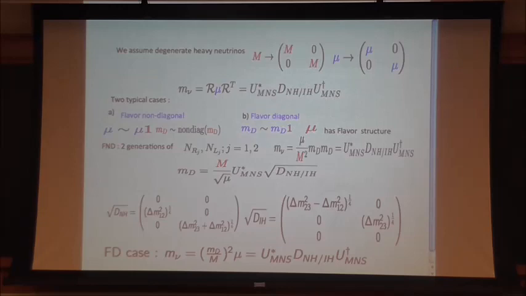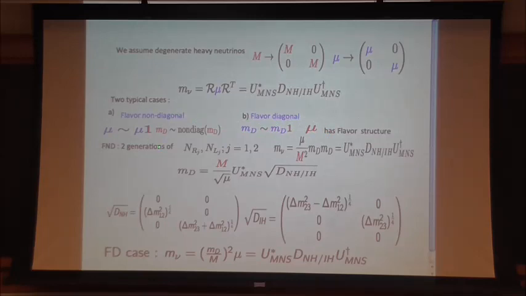For this analysis, we use two kinds of flavor structures. In one flavor structure, we consider that mu is proportional to the unit matrix, and M_D is the Dirac mass matrix, which is non-diagonal. In the other structure, we consider M_D diagonal, where mu carries all the flavors.